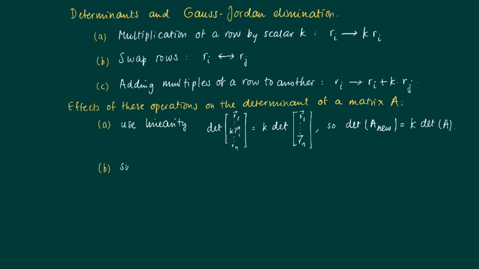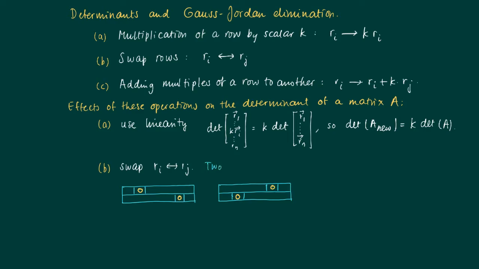So now swap. We're going to interchange row i with row j. And first of all, we will assume that these are two adjacent rows, so j is i plus 1. So what happens? If we have a pattern P and we interchange rows, then what happens is that we switch the pattern.